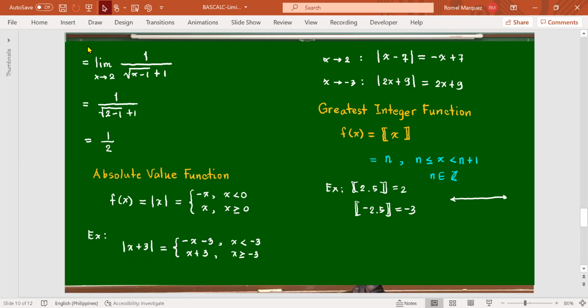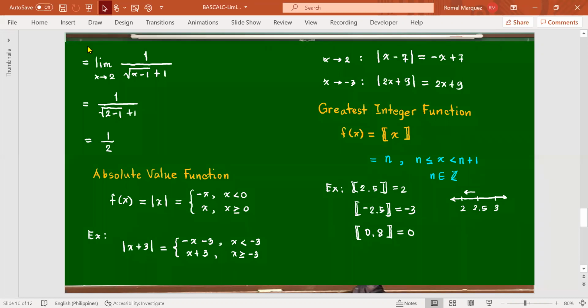So, ito yung 2.5, ito yung dalawang integers, 3 and 2. Lagi hinihila siya pakaliwa. So, magiging 2. Okay? So, if I have, let's say, 0.8, anong sagot, guys? It is equal to 0.